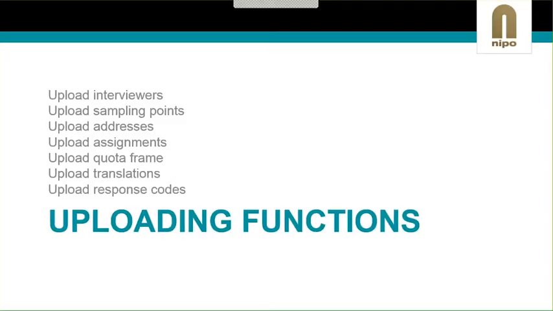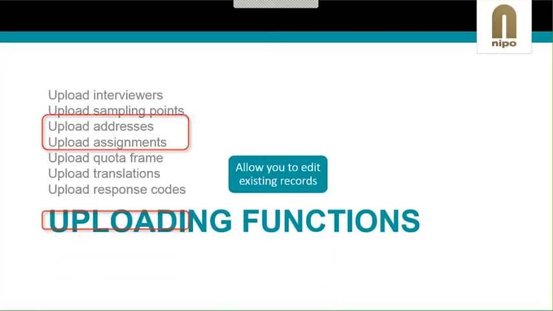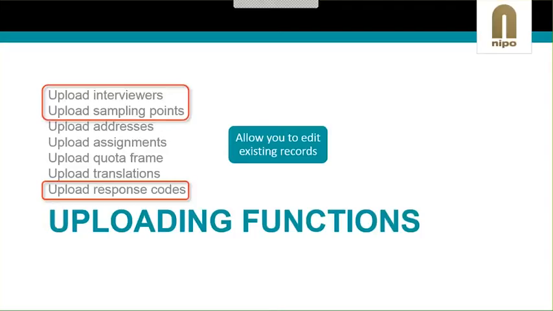But there's a sort of hidden feature in this tool: for some actions, it allows you to edit existing records. For example, with interviewers, say you would like to update the contact number of an interviewer.